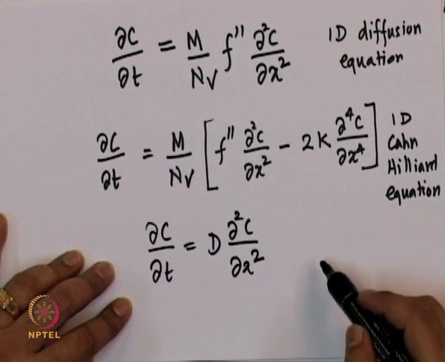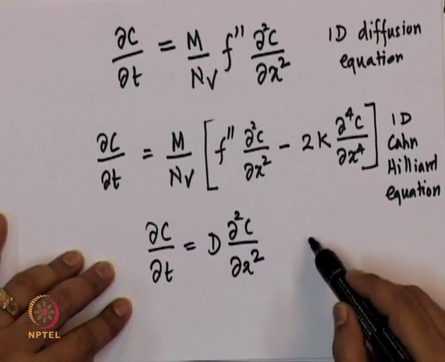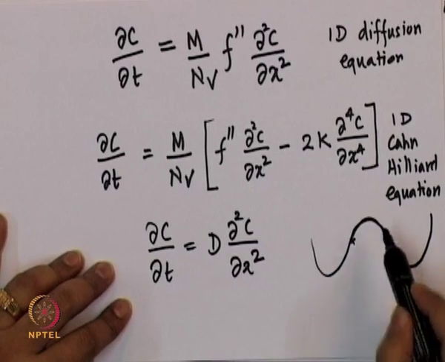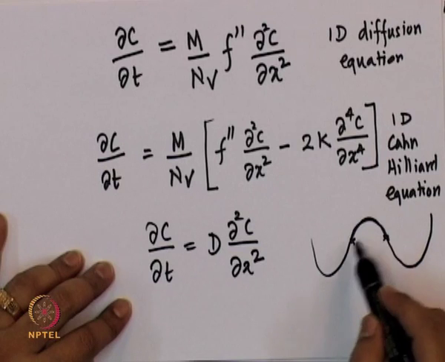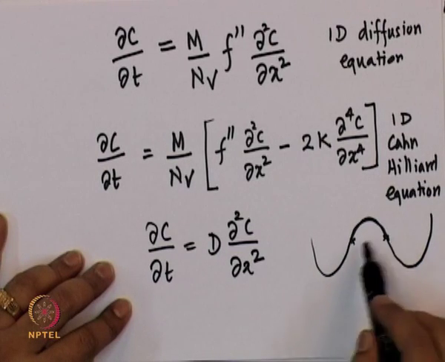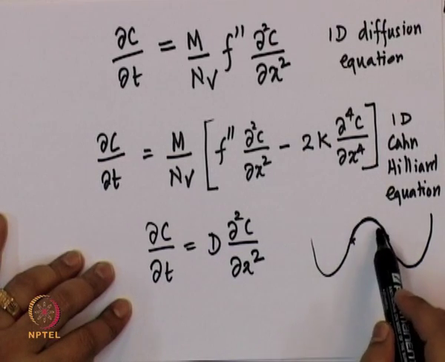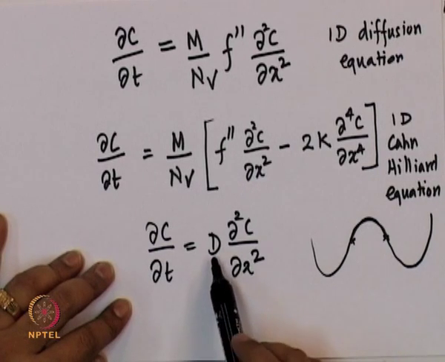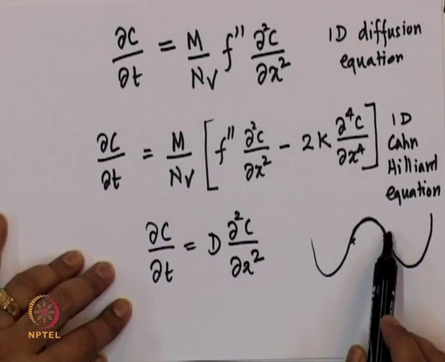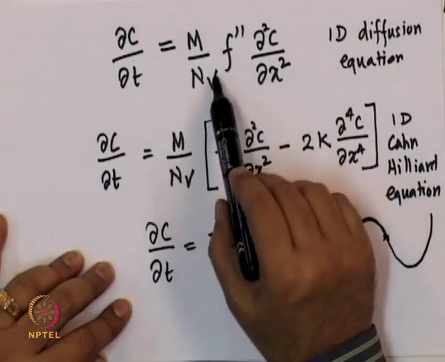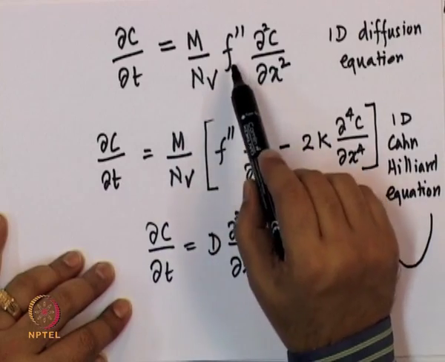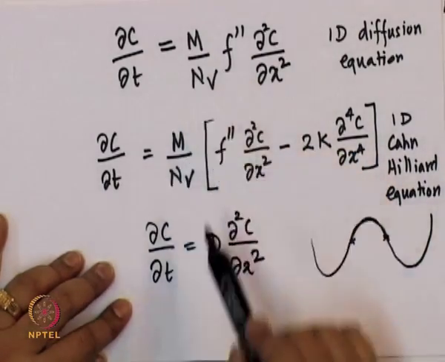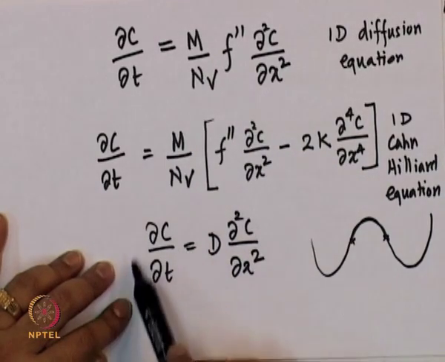When we were looking at the spinodal region, so if you had a free energy like that, there was a region which was supposed to undergo phase separation using spinodal decomposition. In that region, one thing was that the diffusivity was suddenly becoming negative. Now, this term explains why that becomes negative, because the f double prime changes sign, it becomes negative. So, that is one part.